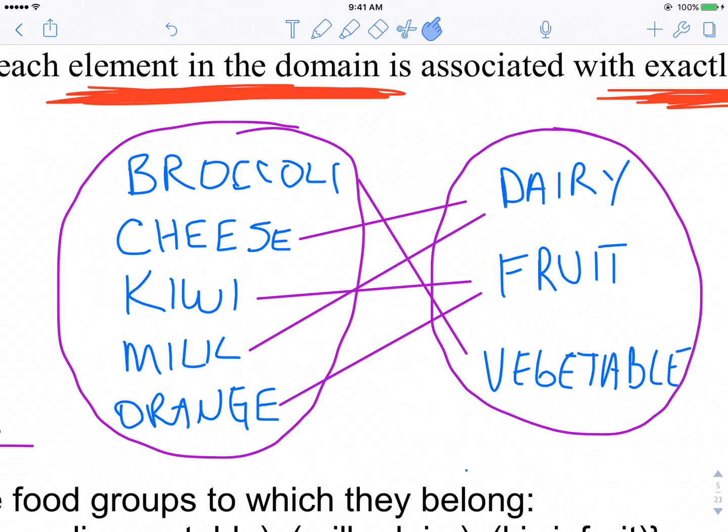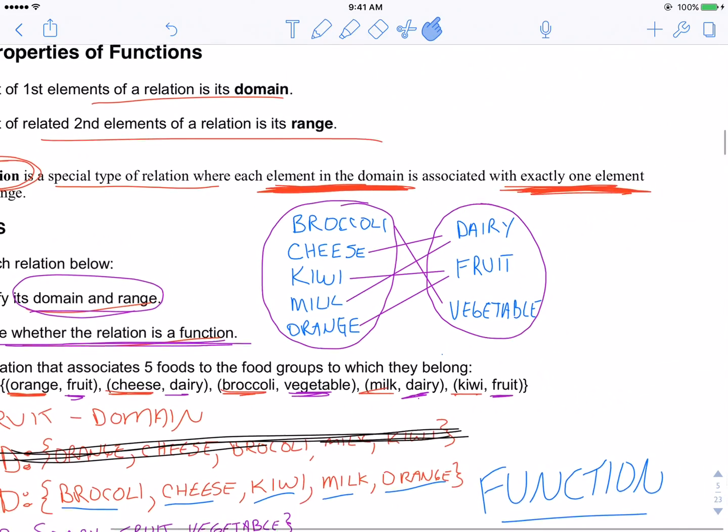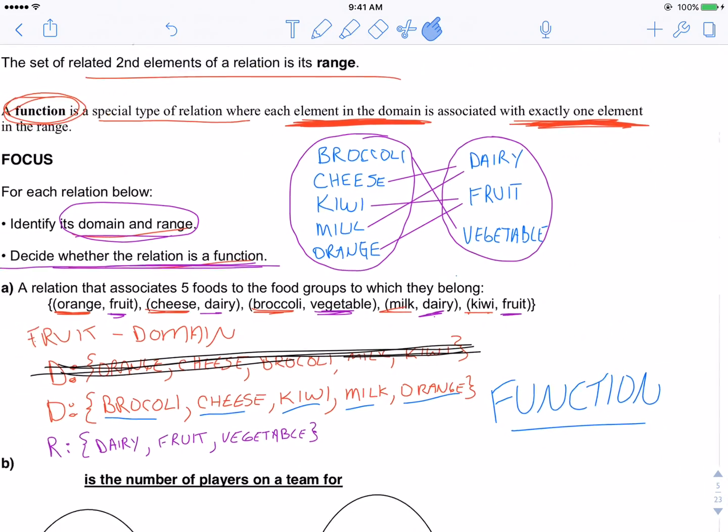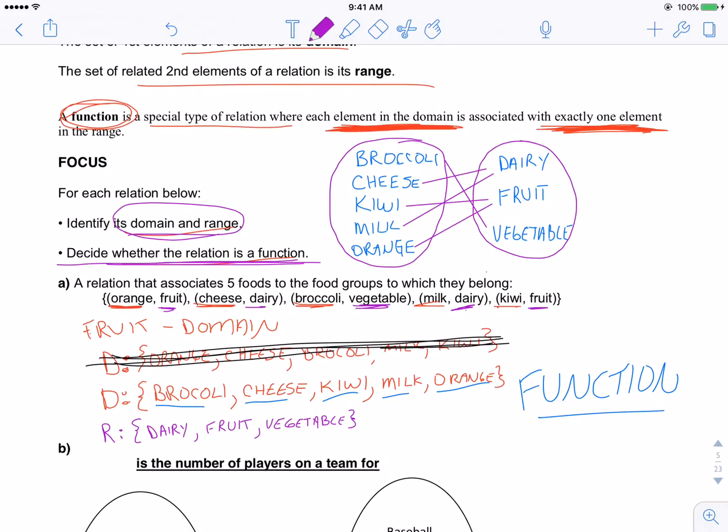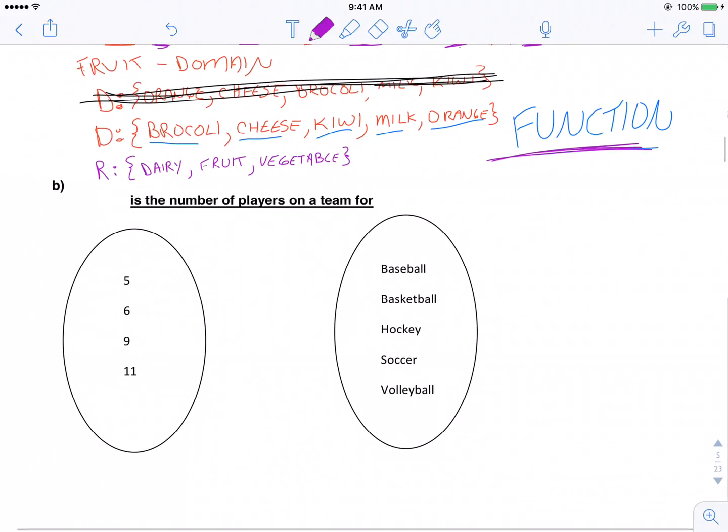Now when we do our next example, you're going to have a quick look to see how that's different with a non-function, but this is what allows us to very quickly see whether this relation is a function or not. So this one is a function.